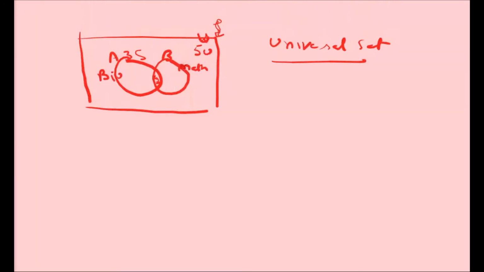And if there are some students here who don't read math or bio, they are outside of this group. Now the total is 50 students. Let this one be 35, this one 25, and some are common and some are left out. This way, when we use the diagram, it is known as a Venn diagram.